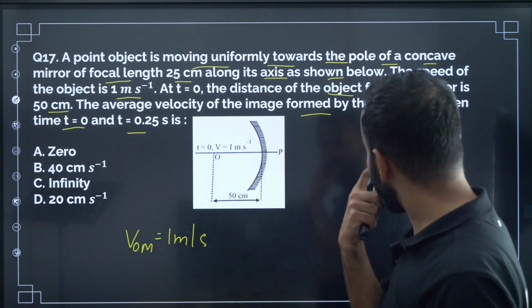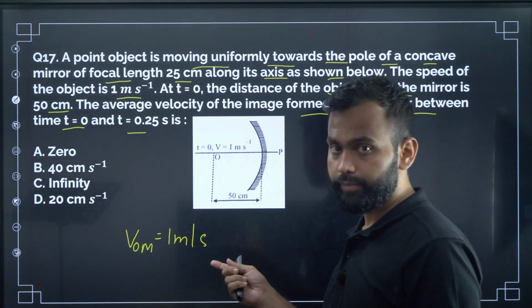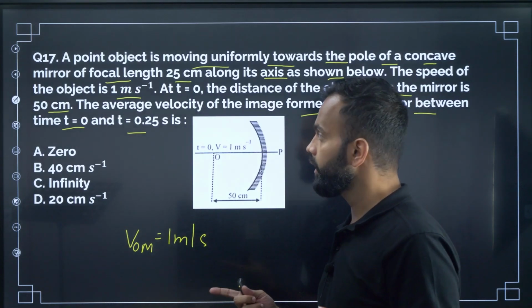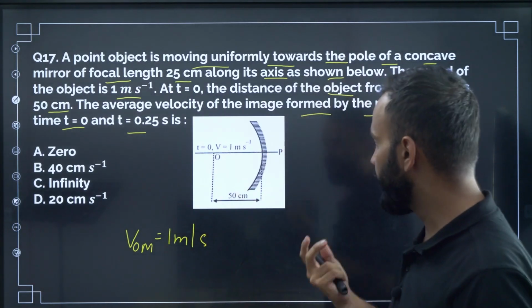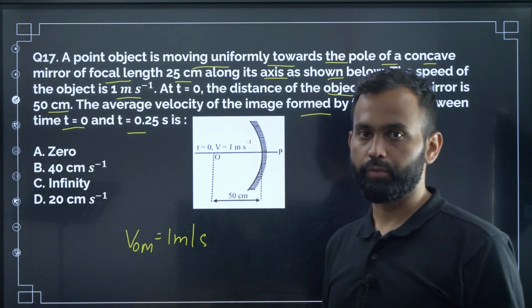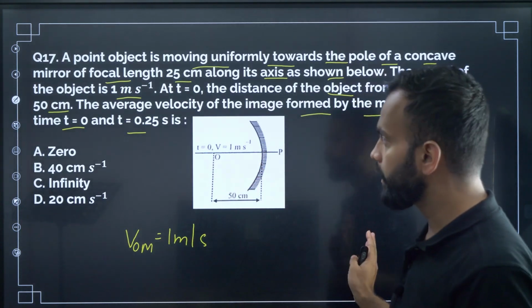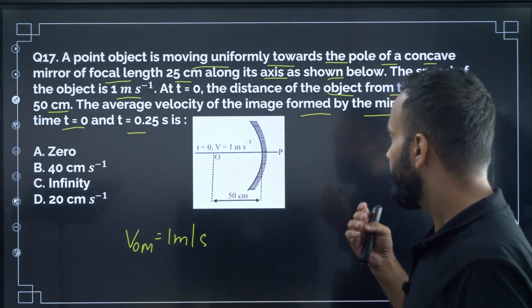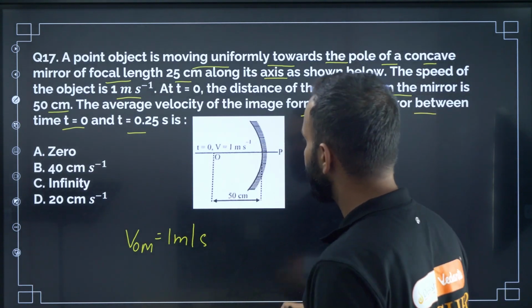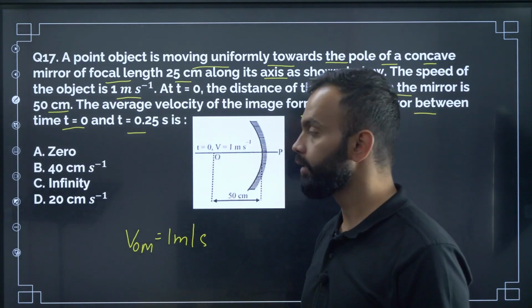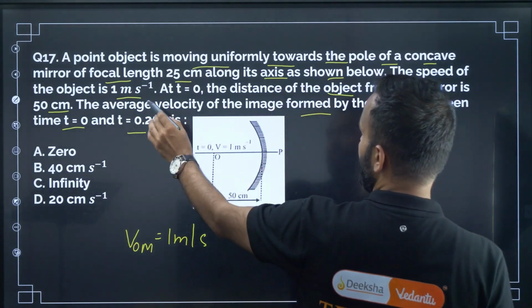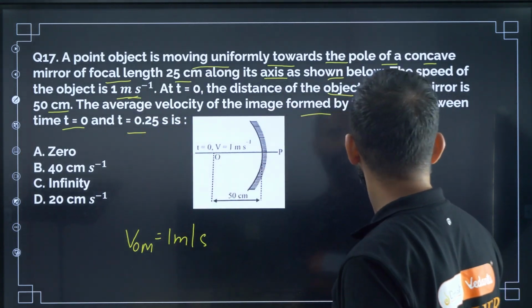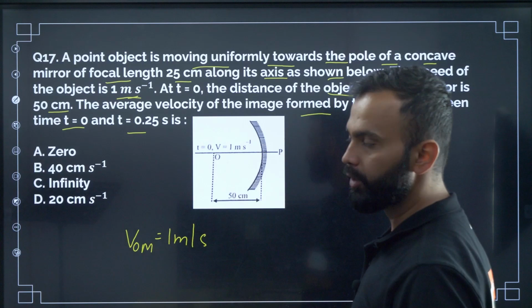Okay, so here the average velocity is total distance traveled divided by total time taken, right? Here total time taken is 0.25. Let us find total distance traveled by the object. The speed of the object is 1 meter per second.